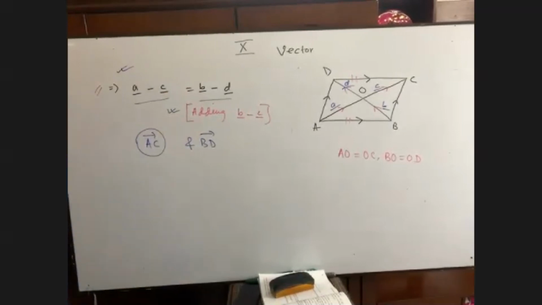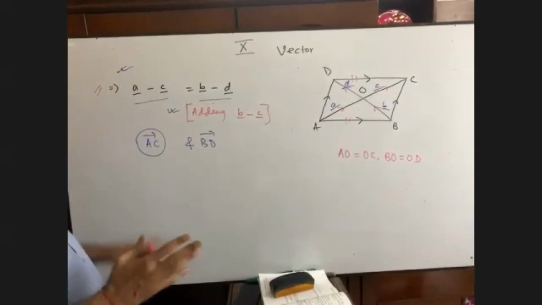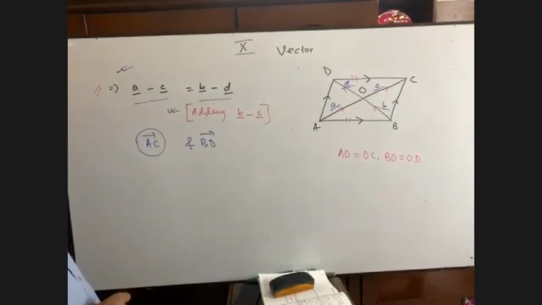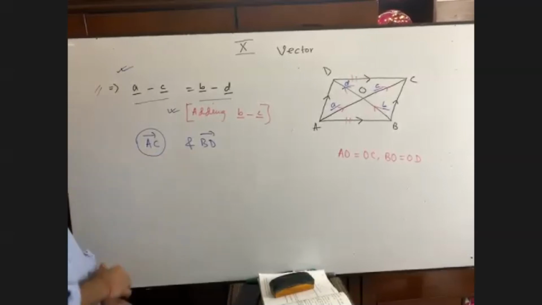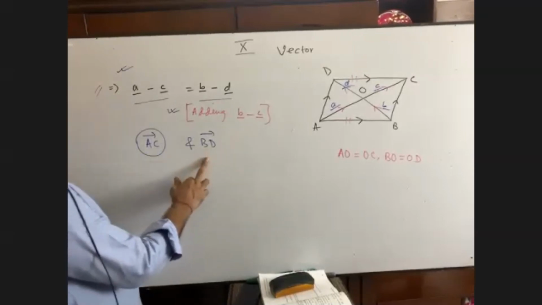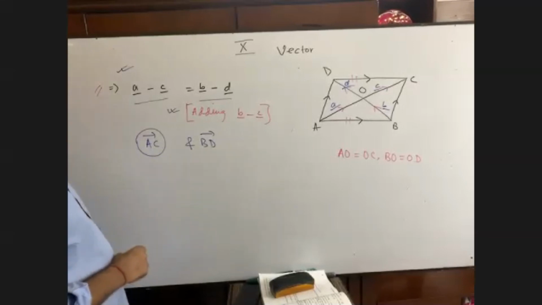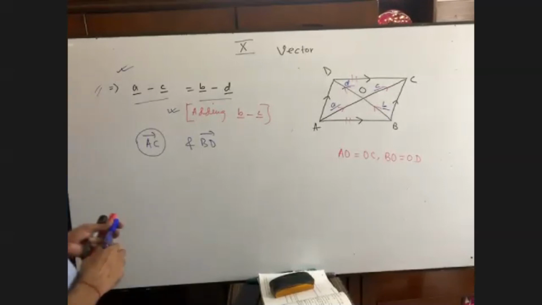AC and BD are not same. AC and BD are not parallel. So they are not non-zero. That is, they are zero vectors.